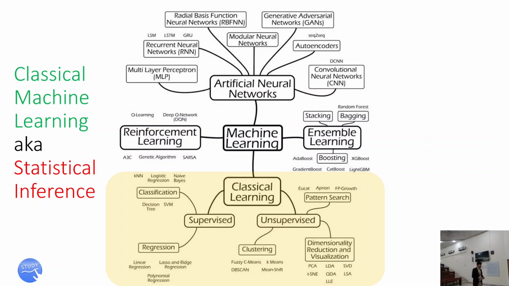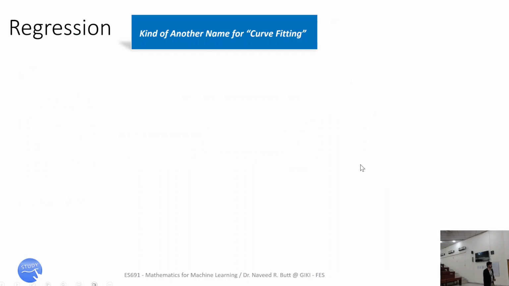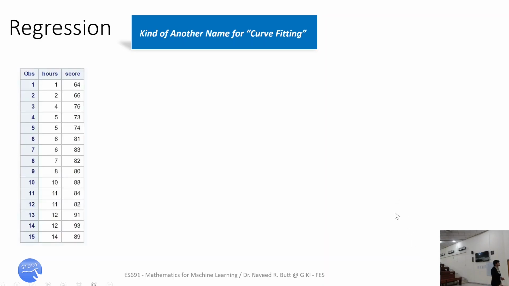Okay, so in there we have some basic ideas. Regression. So regression is what I just like to call another name for curve fitting. So when you're doing regression, you are trying to fit a curve.